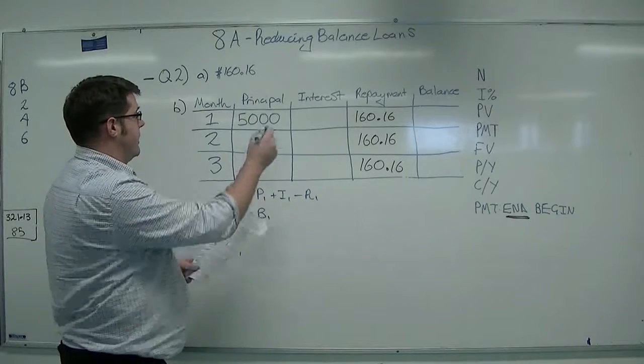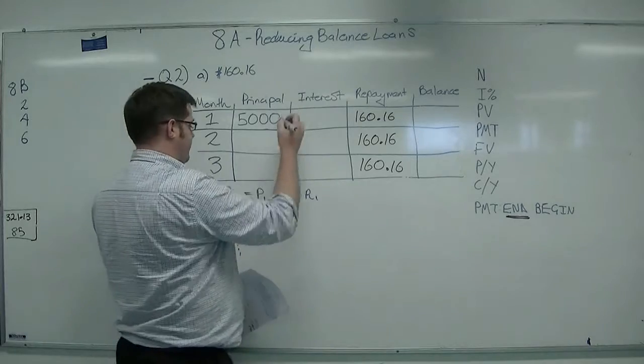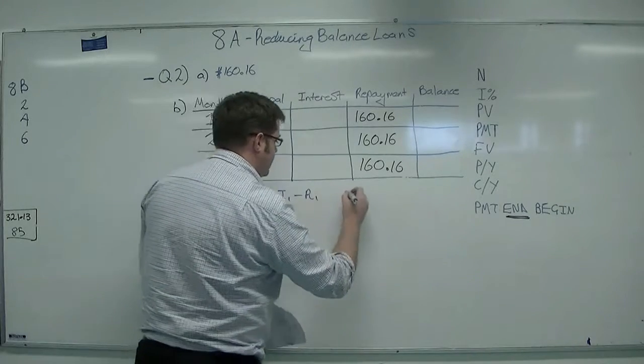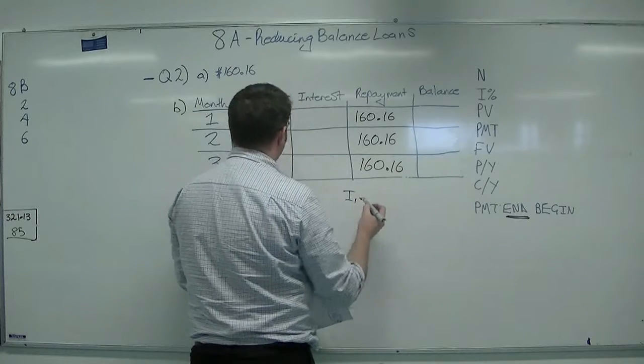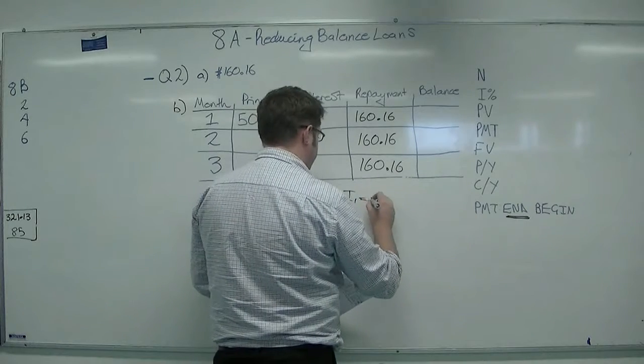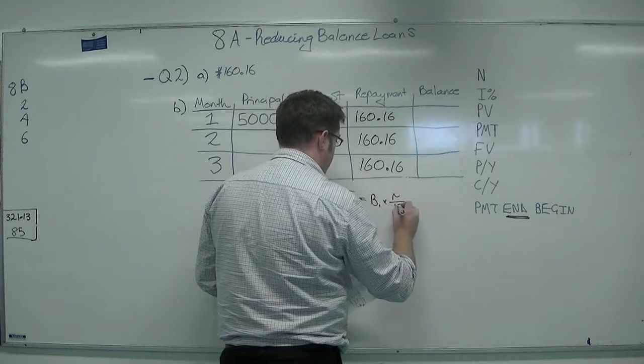So the interest, remember, is calculated as follows. Let's say over here, the interest of 1 equals the balance times by the rate divided by 12.